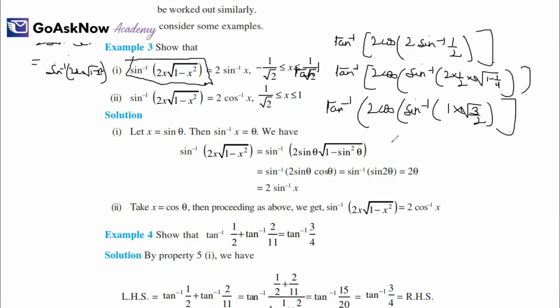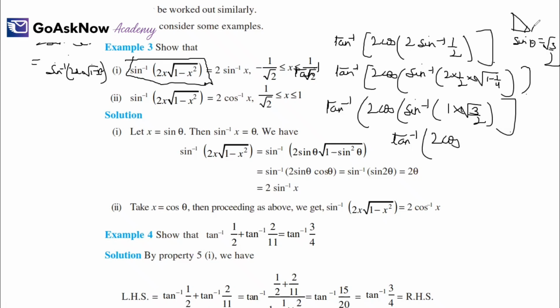Now you can also do it like this. Tan inverse 2 cos, and here it is sine inverse root 3 by 2. So you have the value of sine theta in this triangle as root 3 by 2.